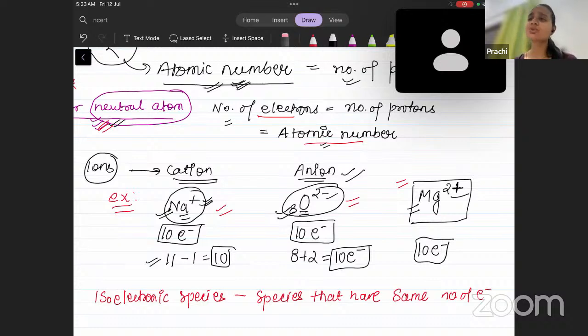That's why these things are very important to know, like how to calculate the number of electrons as fast as possible. And you should also know what isoelectronic species are. The species that have the same number of electrons are known as isoelectronic species, right?